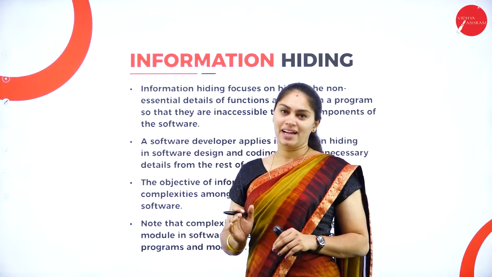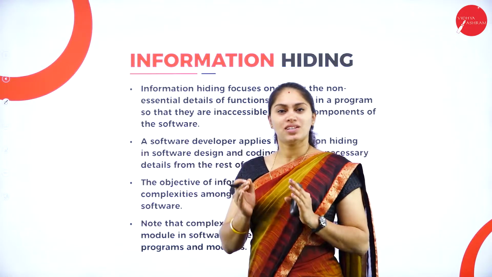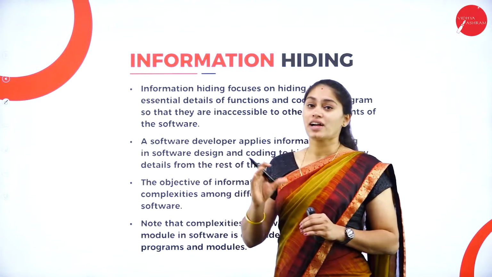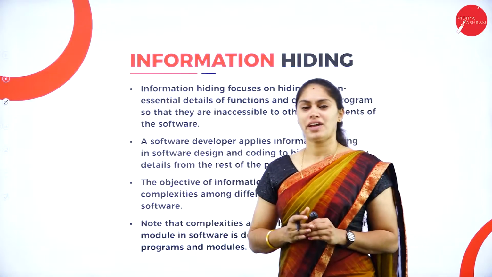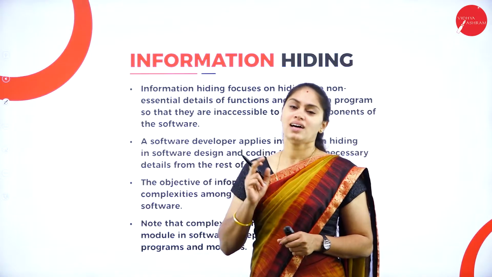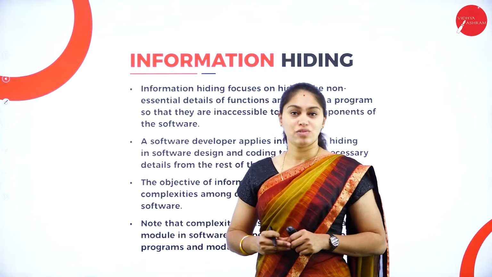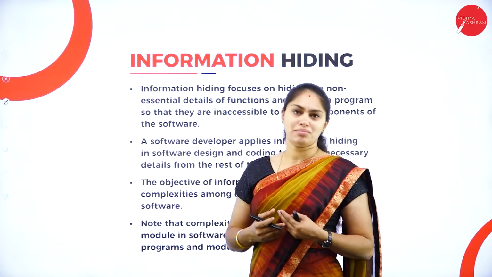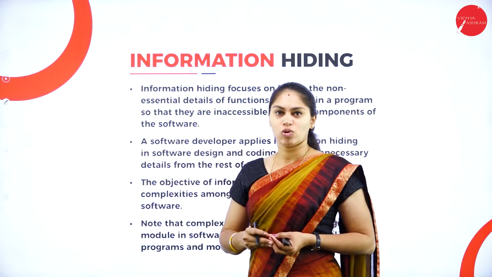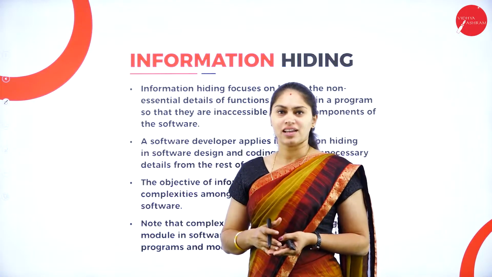So information hiding is necessary in order to hide the content, background details or internal working of any system from the user. We call that abstraction as well as information hiding. When we are doing some maintenance, or changing something with respect to design or coding, that should not affect the usage.